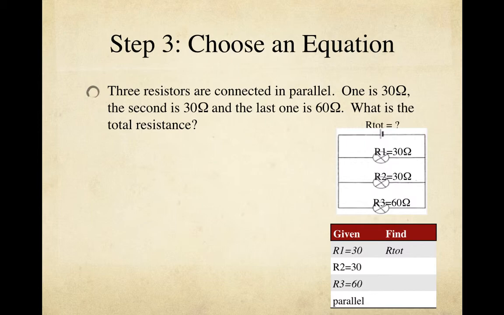We need to add up the inverses, because the more current paths that we have, the less the overall resistance, because there's more choices for the charge to flow. So we can write the equation as 1 over R total equals 1 over R1 plus 1 over R2 plus 1 over R3.